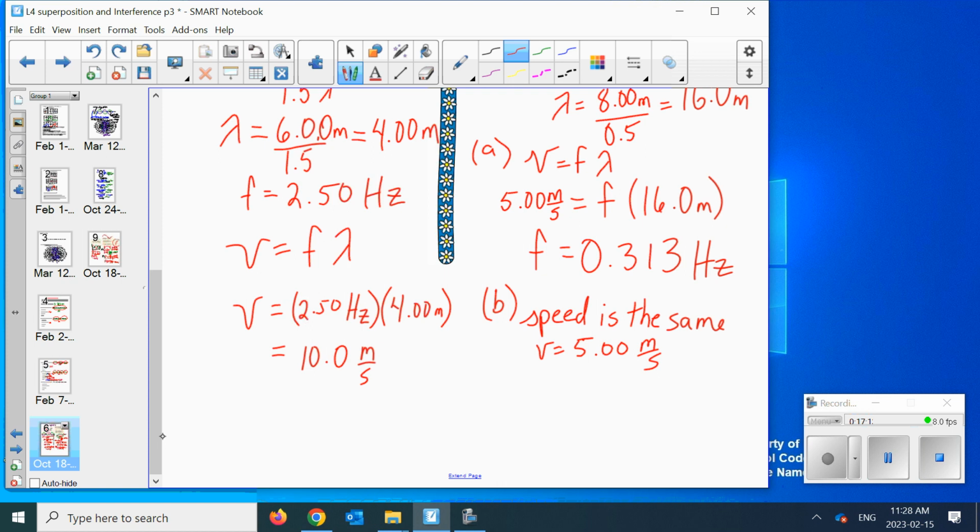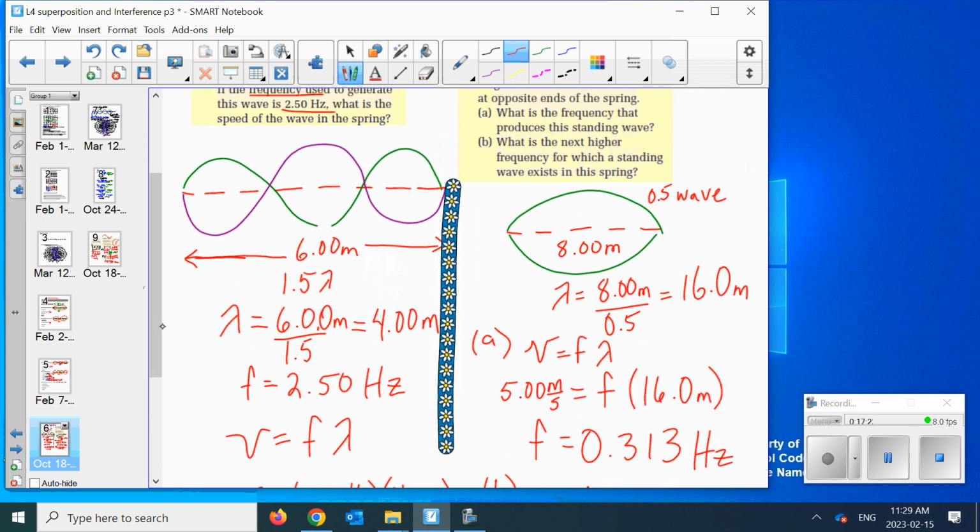If you're not changing the length of a rope or a spring, yes. The next higher frequency in which the standing wave exists in the spring: we've got the same length, 8 meters. Same spring.